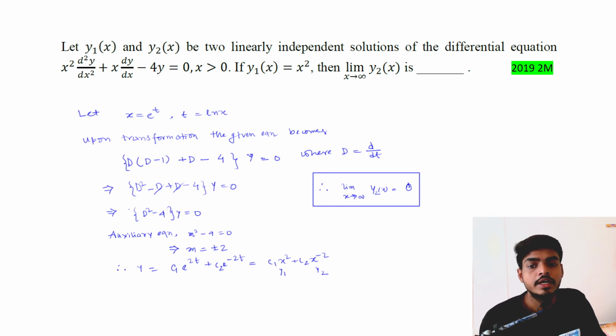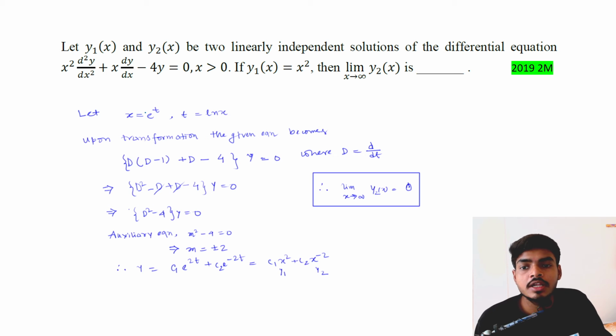So here you need those concepts. That's why I told you to brush up these things, because these questions are very easy. In the GATE exam they will not give you so complicated a function. They will give simple problems. Just you need to know the techniques. That way you can simply solve this.